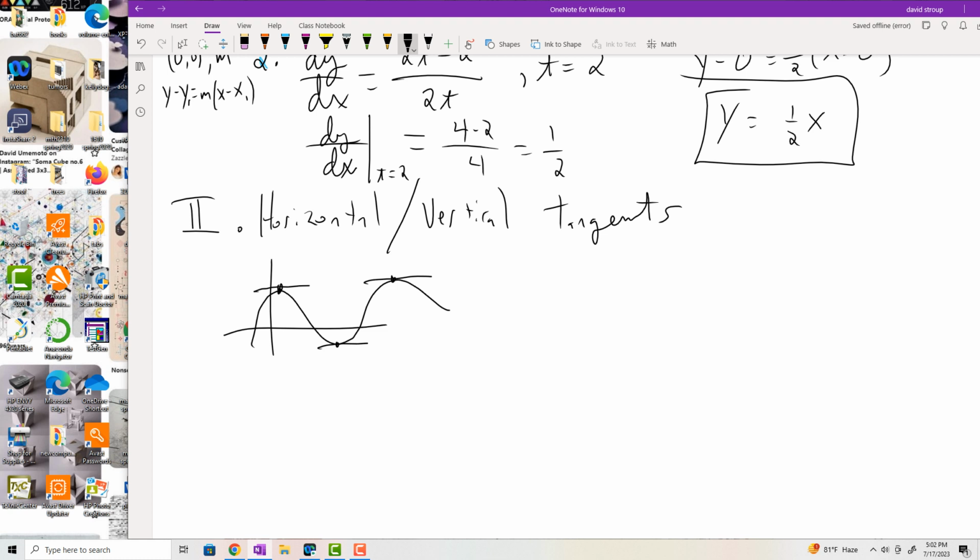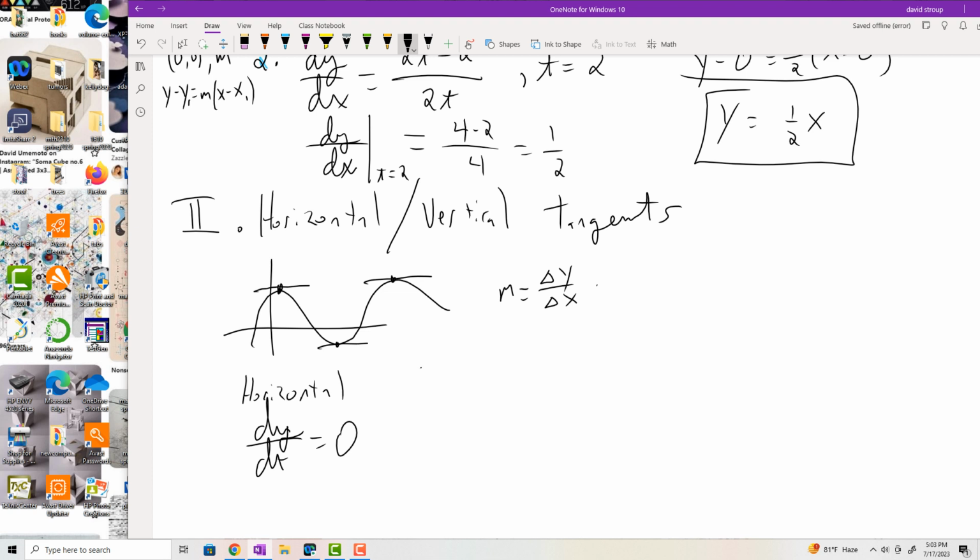For the horizontal, you're going to take the y formula and set it equal to 0. Because you can think of slope as kind of like change in y over change in x. So these positions would happen when change in y is equal to 0, when that numerator is equal to 0.